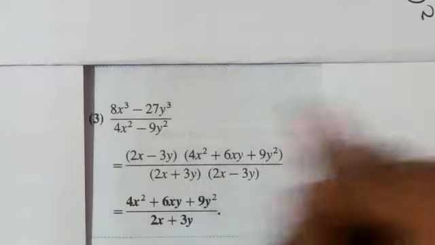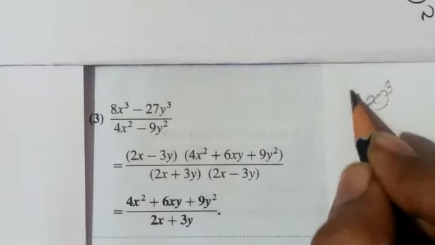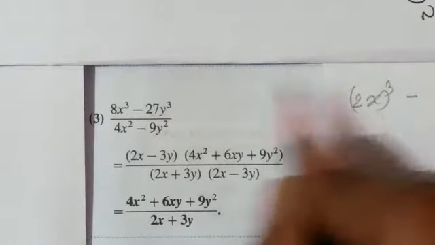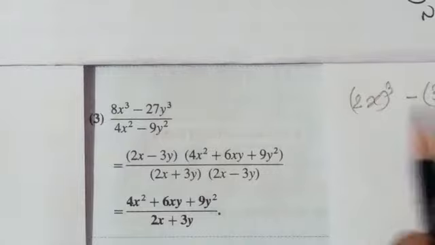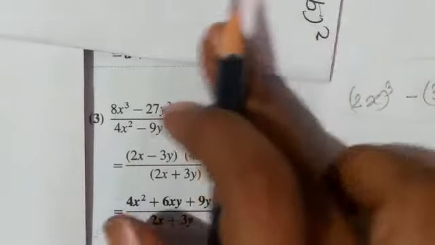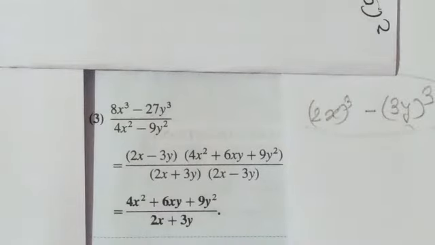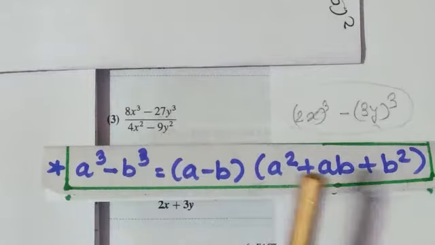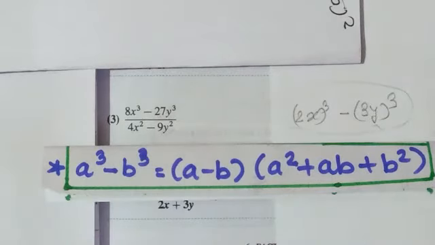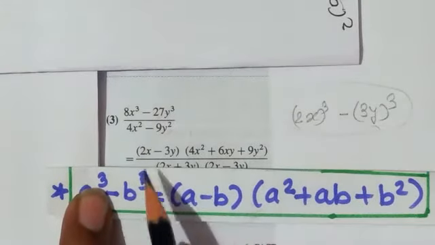So it will be 2x raised to 3 minus 3y raised to 3. So how can we solve this type of term? We can solve this term by using this formula. If we solve this way, then we will get the answer this way.